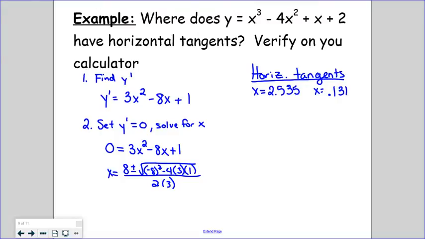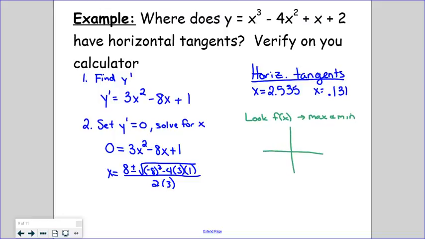Okay, so the whole verify on your calculator thing, let's talk about that real quick. There's multiple ways we can verify this on our calculator and expect to see those exact same two numbers. One of those would be to go to the function itself. If I were to look at just the function, I would be looking for maxes and mins, and you have a function on your calculator that does that for you.